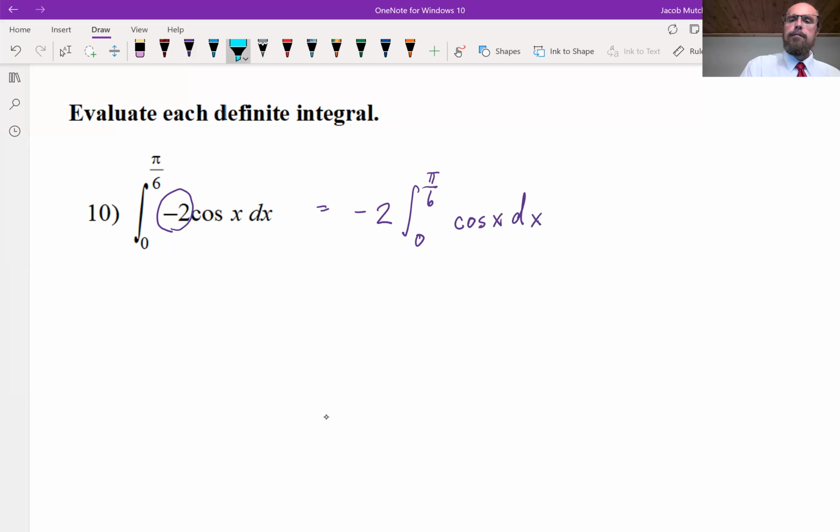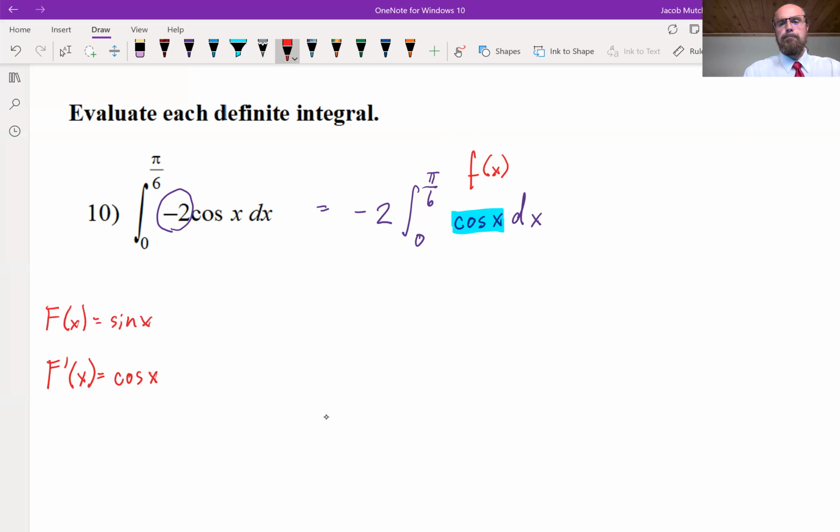So I've identified that inner function, small f of x, to be cosine of x. So as I look for my antiderivative, I'm going to think, what was the original function that would have had the derivative cosine of x? And recall that that function was sine of x. The derivative of sine is going to be cosine.